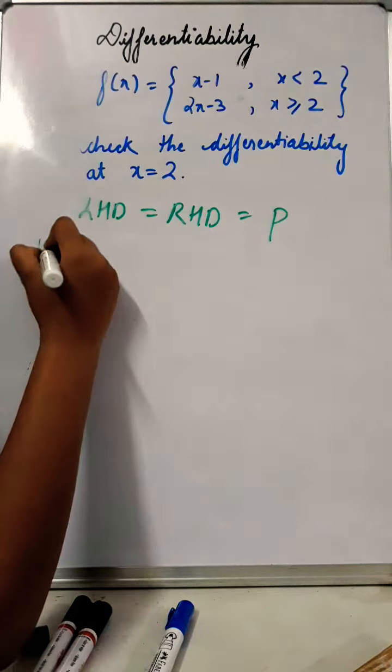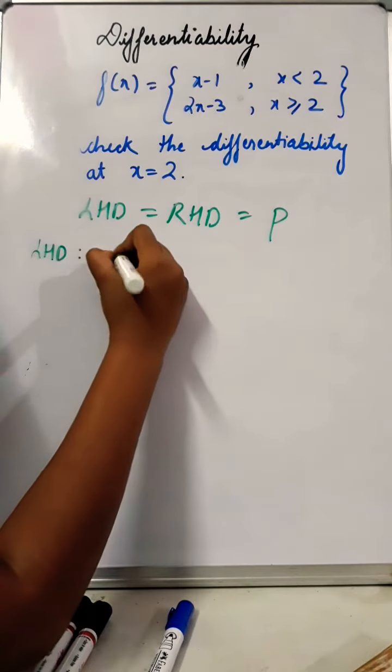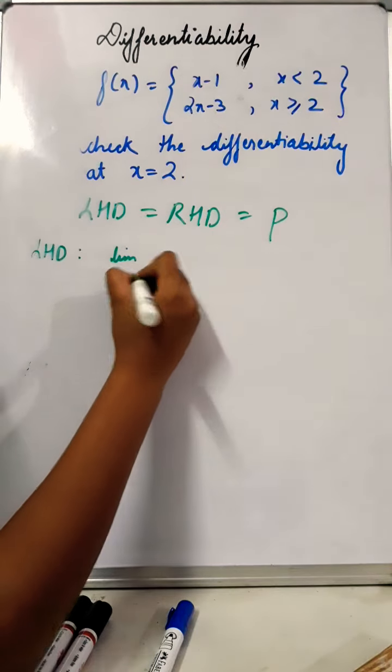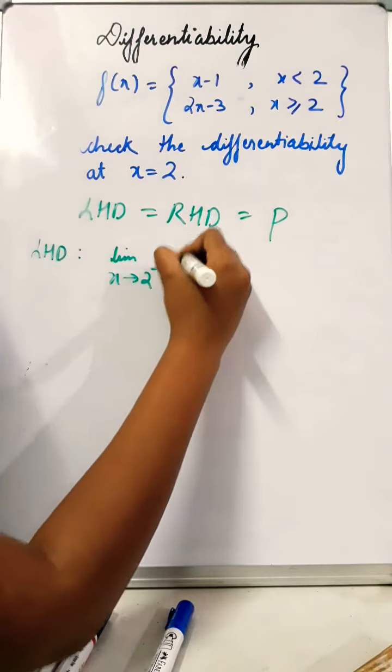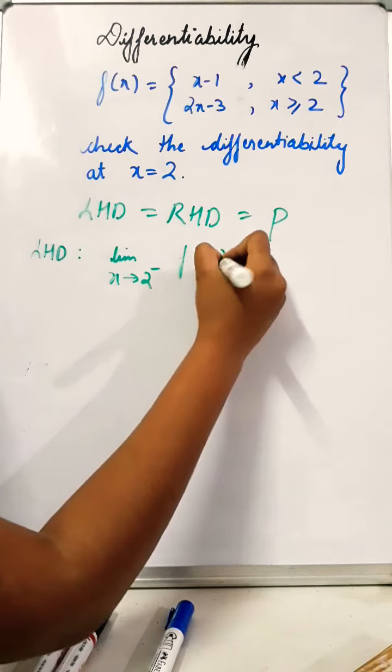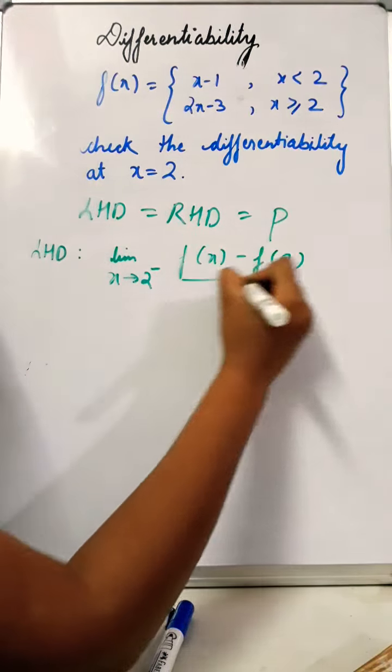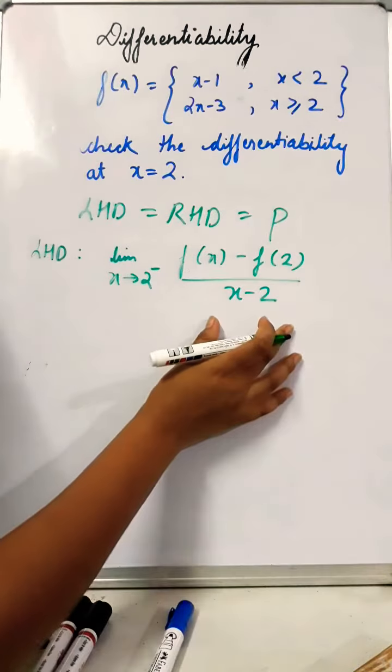So let us find the left hand derivative. You know what left hand derivative is: limit x tends to 2 minus of [f(x) minus f(2)] whole upon x minus 2.